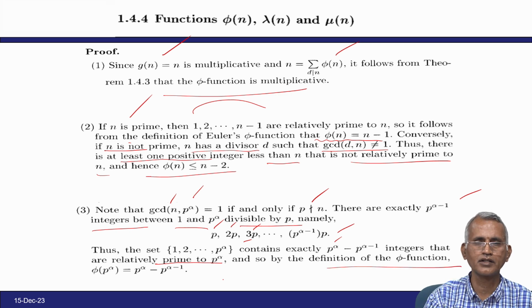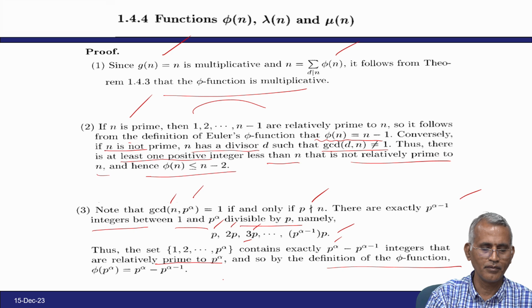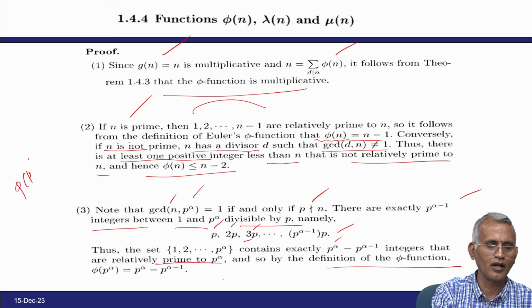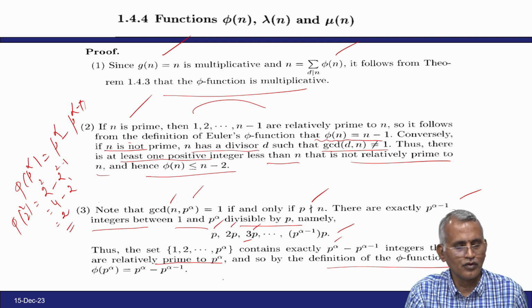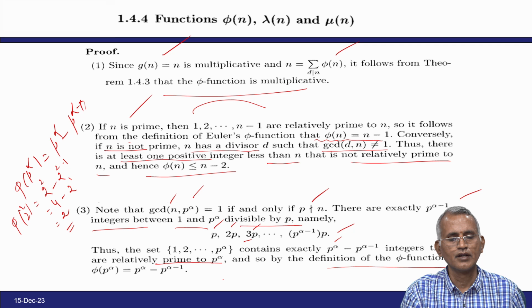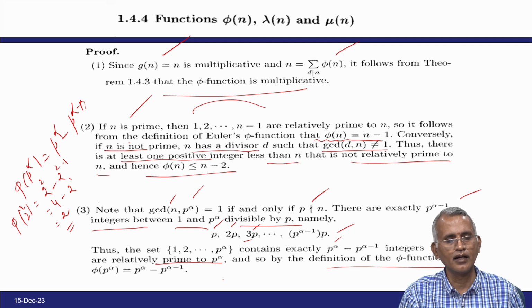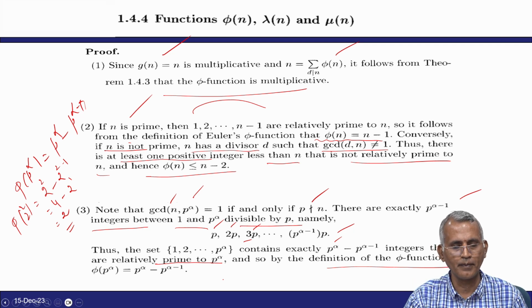So by the definition of the phi function, phi of p^alpha is equal to p^alpha minus p^(alpha minus 1). For example, 2 squared: 2 power 2 minus 2 power 1, which is 4 minus 2, equal to 2. Phi of 4 is 2 and definitely it works. So this way we can write the proof of the function.